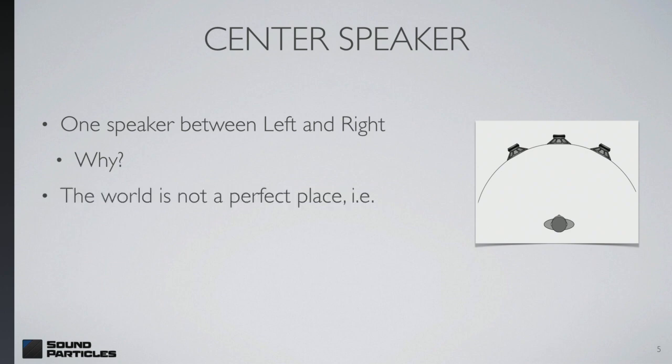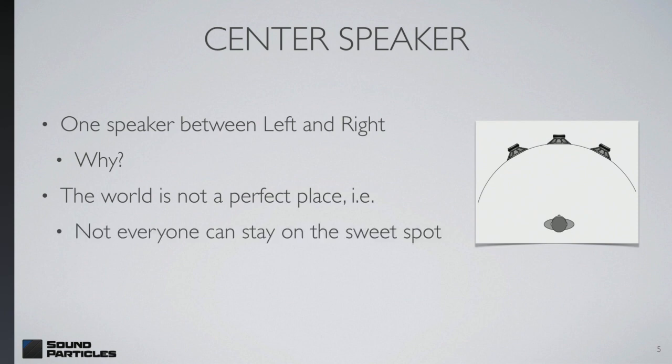Well, essentially, that's because the world is not a perfect place, which means in 3D audio that not everyone stays on the sweet spot. If you are going to see a movie, a few people are going to be positioned on the sweet spot, but a few of them are going to be positioned close to the screen, which means their angle between left and right is going to be much more than 60 degrees, so they're going to have a hole in the middle.